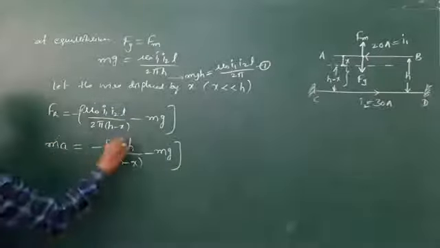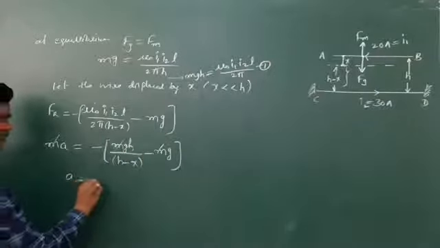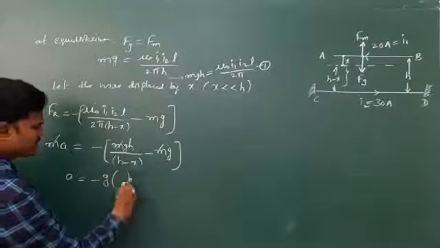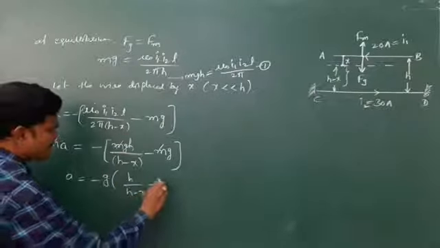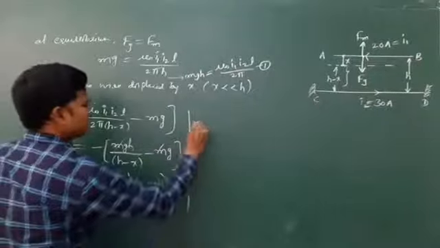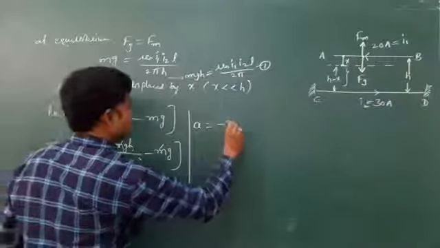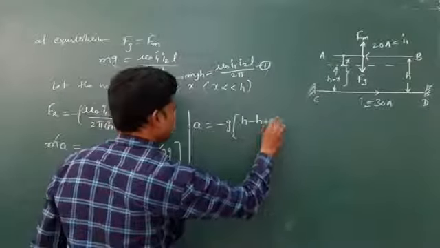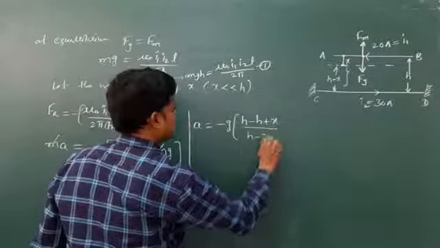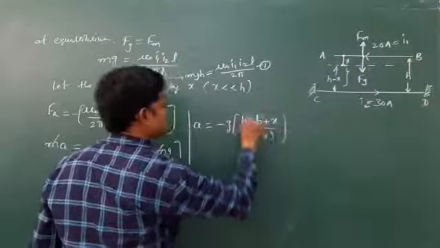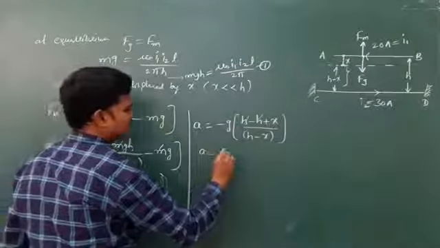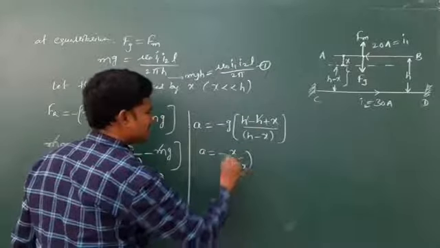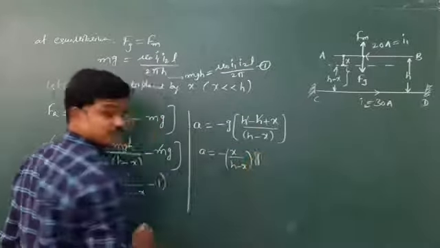If I take g common, h by h minus x minus 1. So acceleration A is equal to minus g times h minus h plus x by h minus x. So A is equal to minus x by h minus x into g.